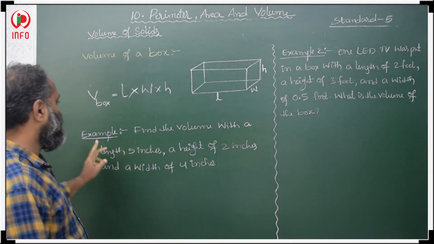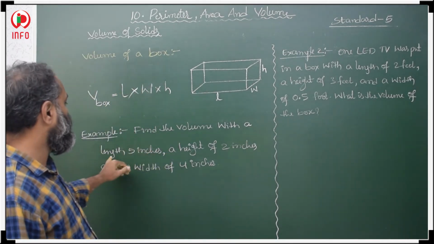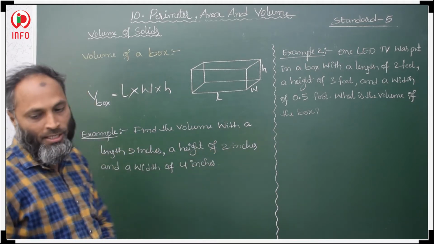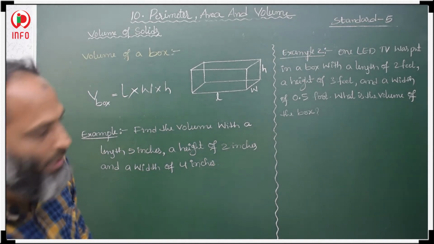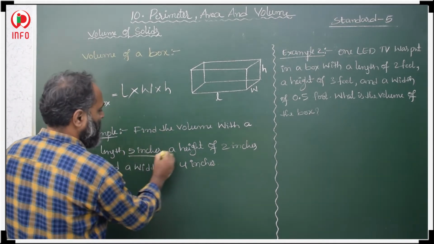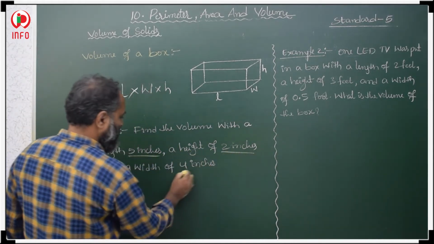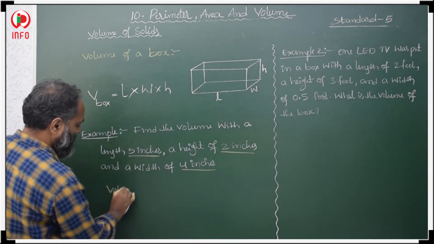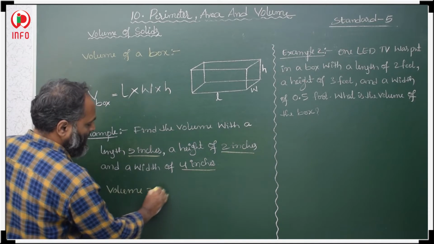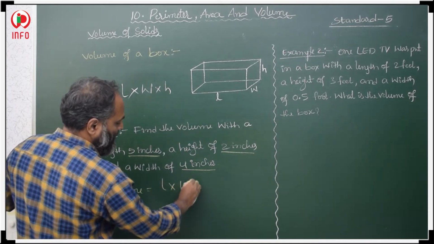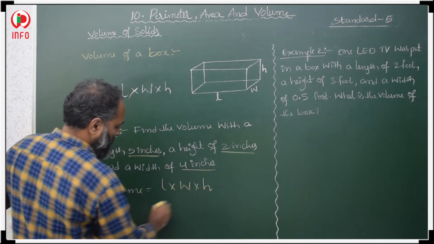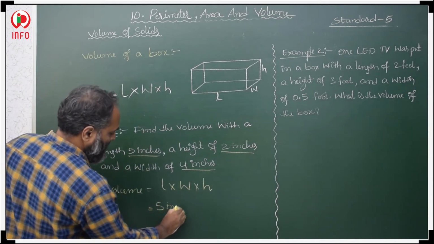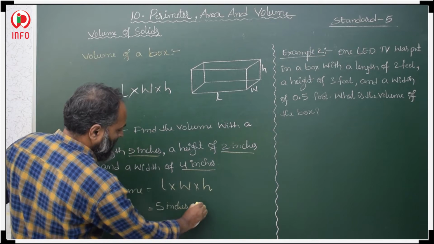In the example, find the volume with length 5 inches, height 2 inches and width 4 inches given. So length, width and height are given. Then volume is equal to length into width into height. What is the length here? Length is 5 inches. What is the width here?